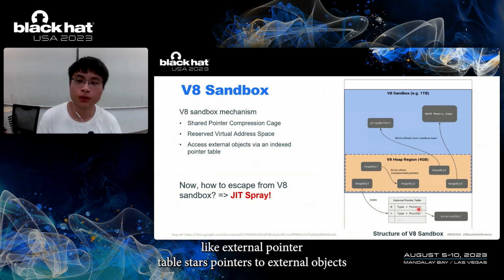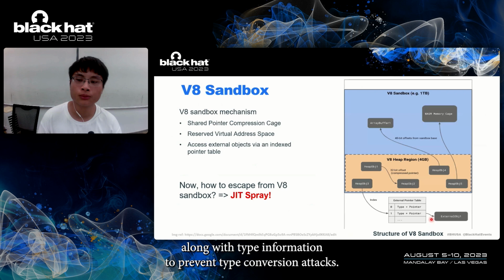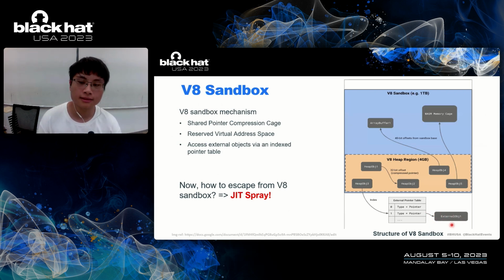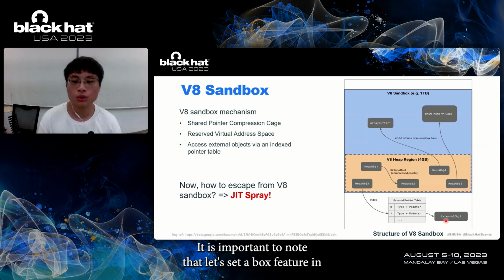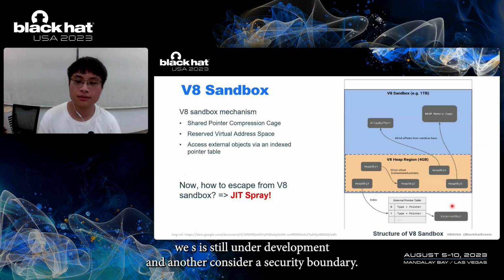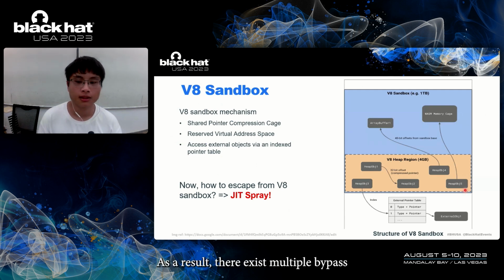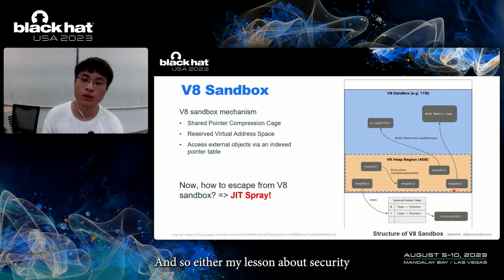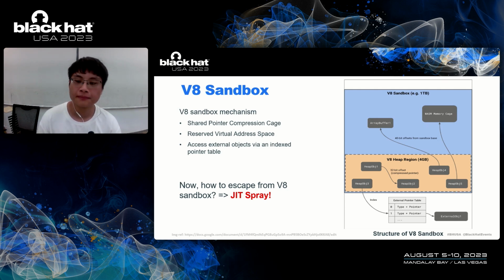The external pointer table stores pointers to external objects along with the type information to prevent type confusion attacks. It is important to note that the sandbox feature in V8 is still under development and not considered a security boundary. As a result, there exist multiple bypass vulnerabilities that can be exploited to undermine the sandbox security.